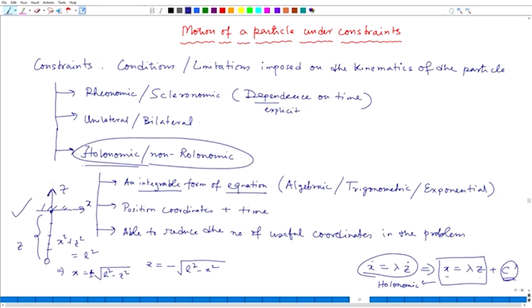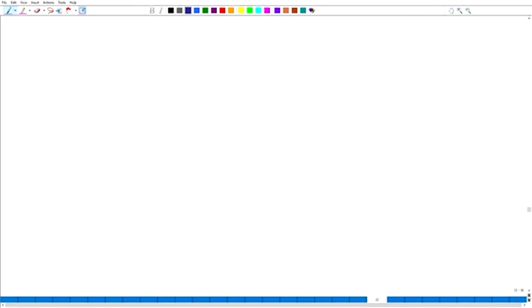Then we said that in nature, whenever a particle is undergoing a holonomic constraint, in most cases it is associated with some force of constraint. For example, in the case of a simple pendulum, I can draw here, at any arbitrary position, if the string is of fixed length, then it always has some tension to maintain the length.